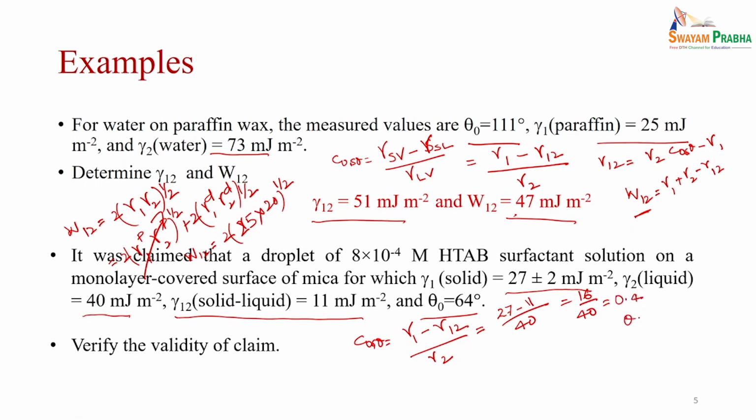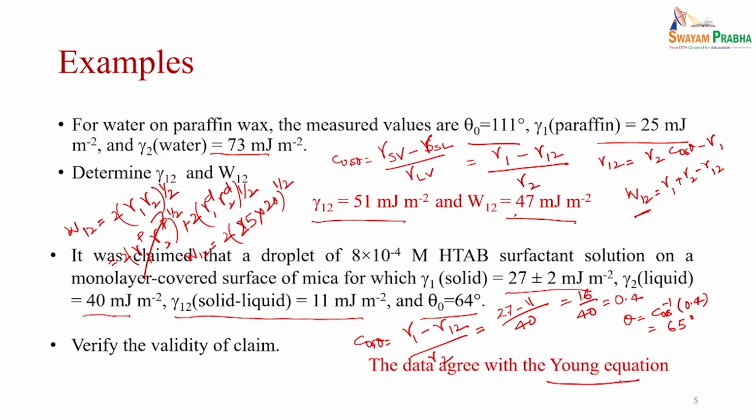So, if you calculate, theta is equal to cos inverse 0.4, this comes out very close to 65 degrees. So, the claimed value is 64. So, it says the data presented is valid, or you can say the data agrees with Young's equation. So, in this way we can interplay between the surface tension, surface energy, interfacial energy as well as the contact angle or the wettability.